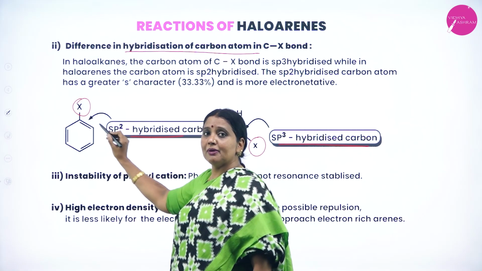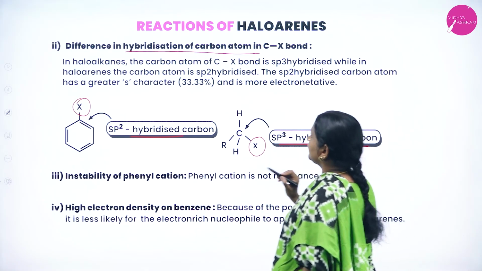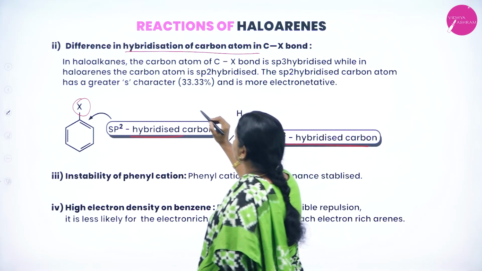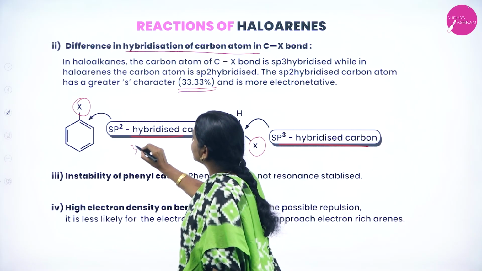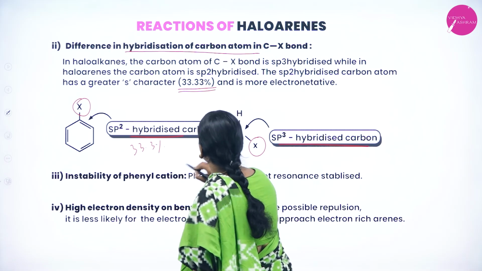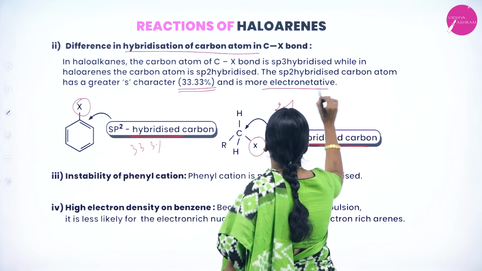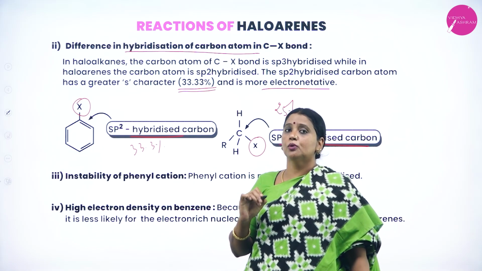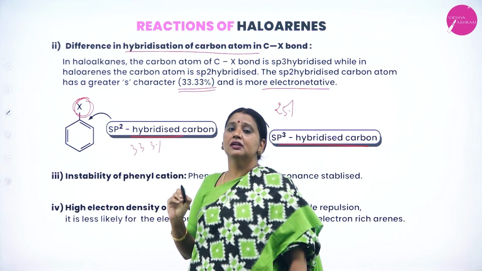It is attached with a double bond. sp3 hybridized carbon is attached with single bonds. The sp2 hybridized carbon has more S character: here the S character is 33.3%, here it is 25%. As S character is more, the electronegativity is also more. Therefore, it is very difficult to detach X from carbon.